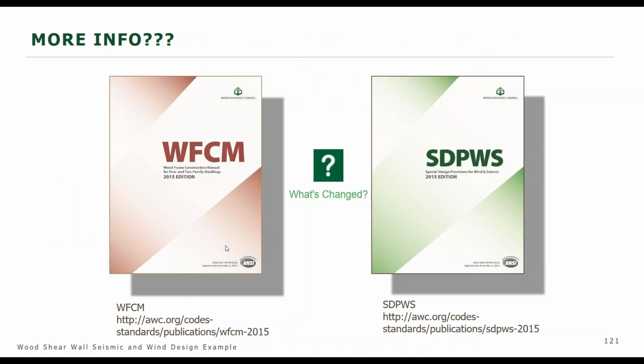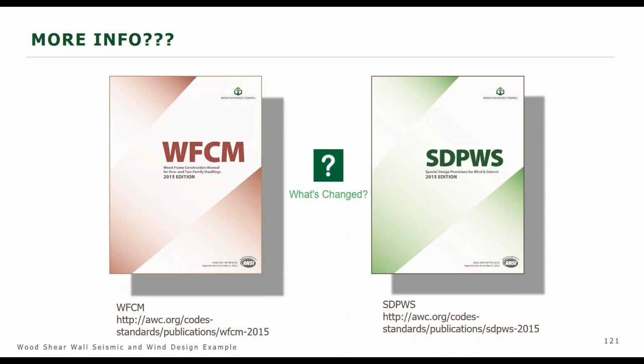We have our wood frame construction manual. Our wind and seismic provisions are available on our website, free download, except for the commentary. We also have the 2018 that's available. You should note that the wood frame construction manual and the NDS were updated in the 2018 edition, but we did not do any updates to the wind and seismic provisions.